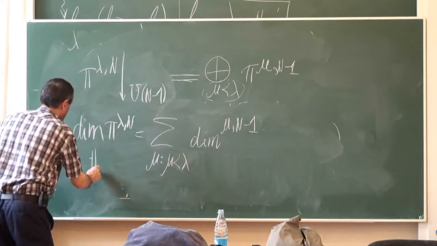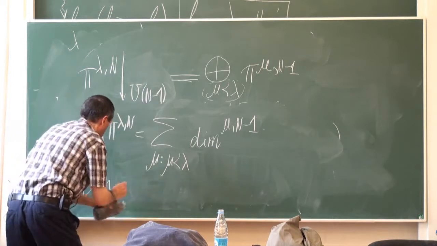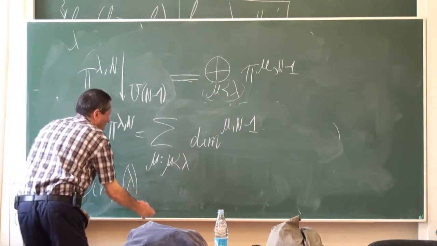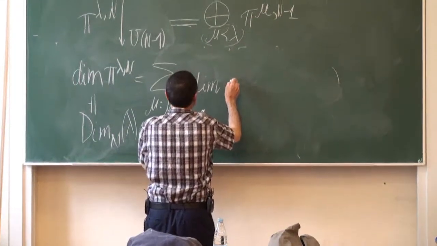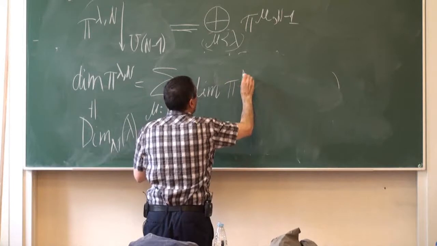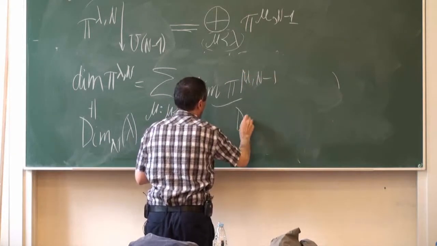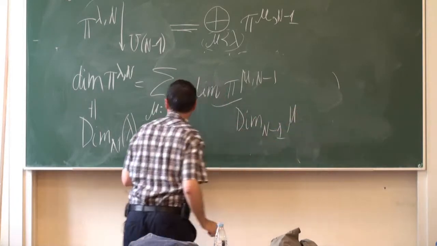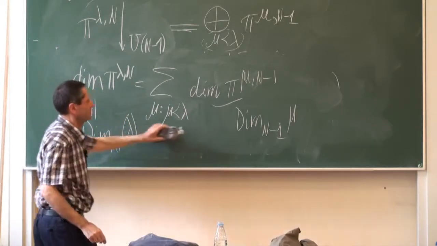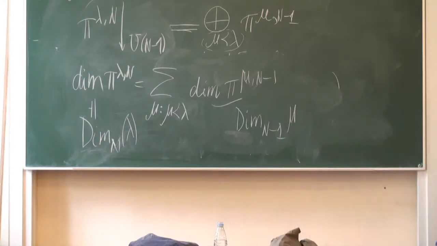Let's denote it to simplify. So this quantity is the sum of these quantities. And now the definition of the link is evident.